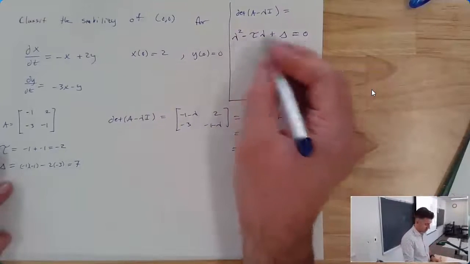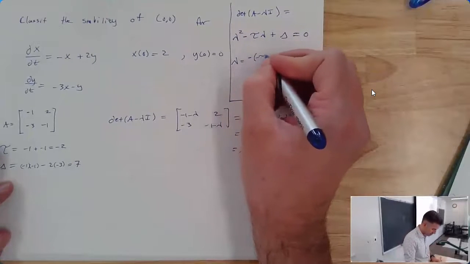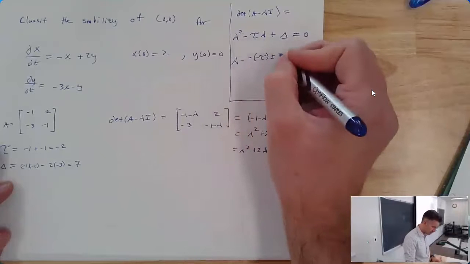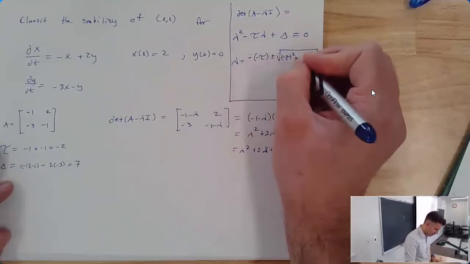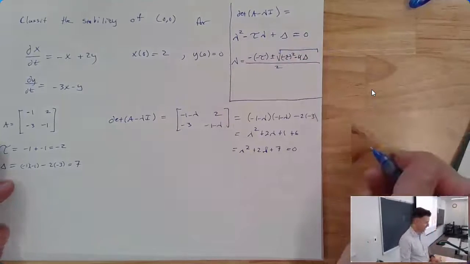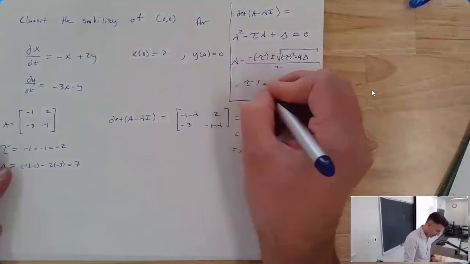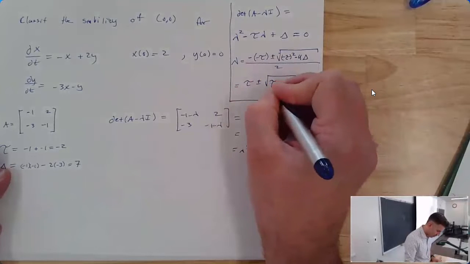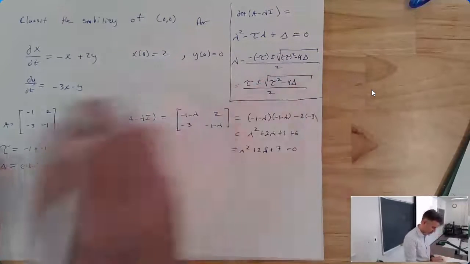So if I just used the quadratic formula here, lambda is the negative of the negative trace, plus or minus the square root of the negative trace squared minus 4 times 1 times the determinant, all over 2. Writing this a little more nicely: lambda equals the trace plus or minus the square root of the trace squared minus 4 times the determinant, all over 2.